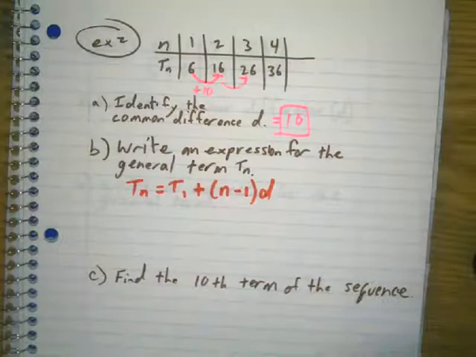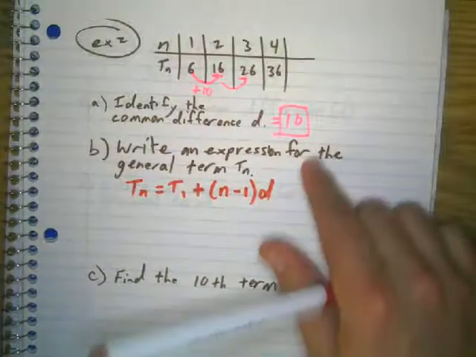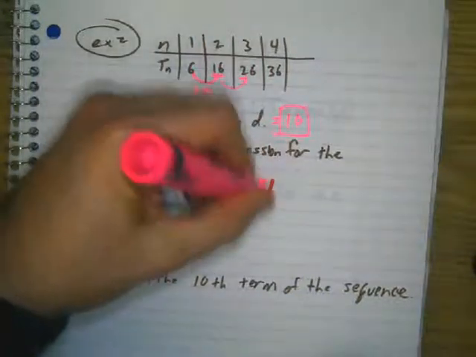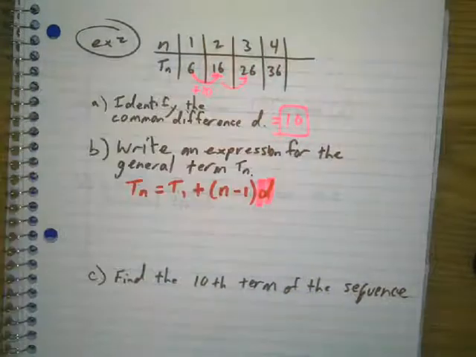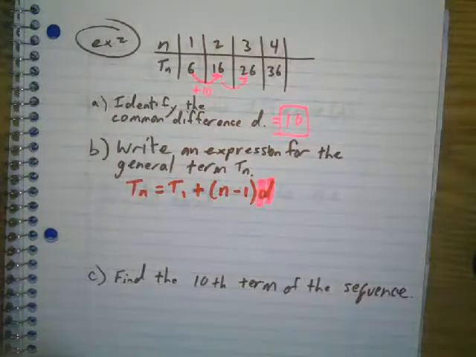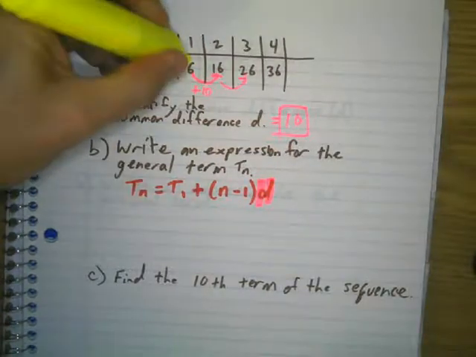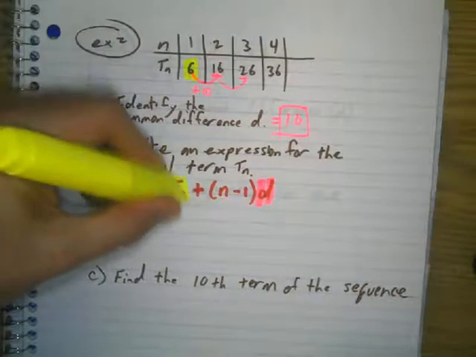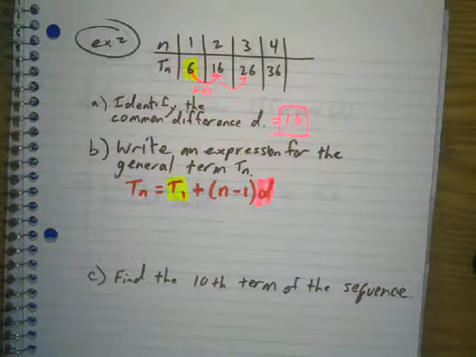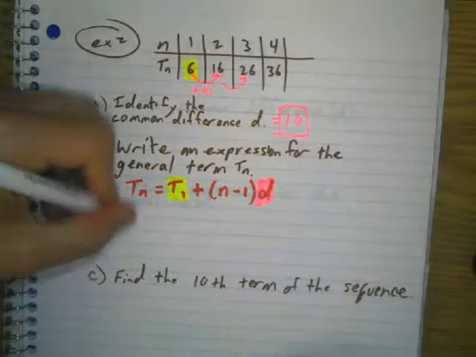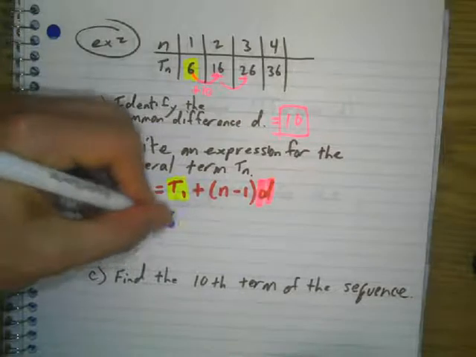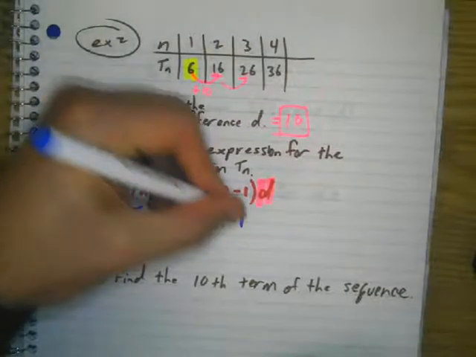Okay, and I'm going to substitute d with 10, right? And T sub 1 is the initial value, and our initial value is 6. So we just replace what we've got, and we've got our general formula. T sub n equals 6 plus (n minus 1) times 10.